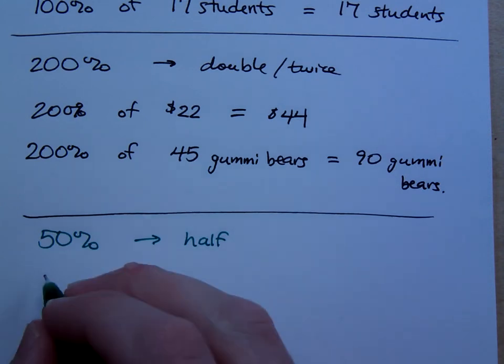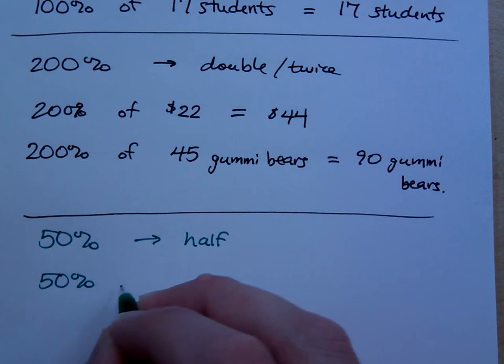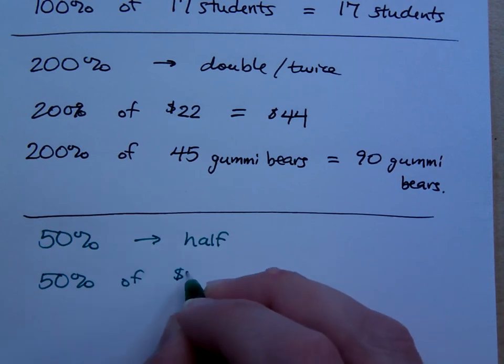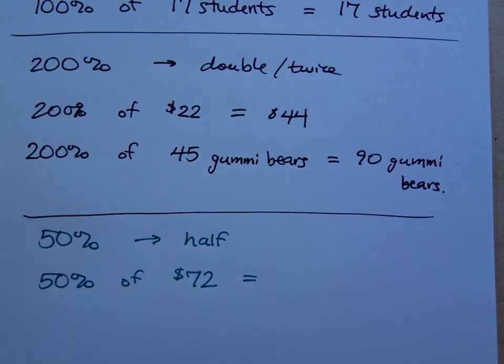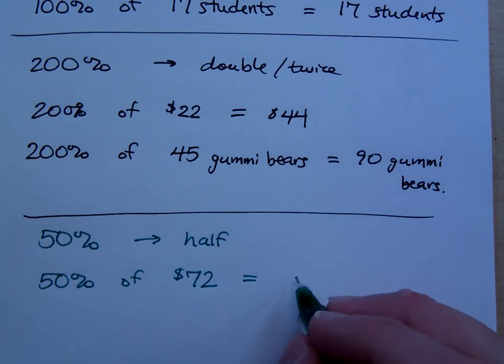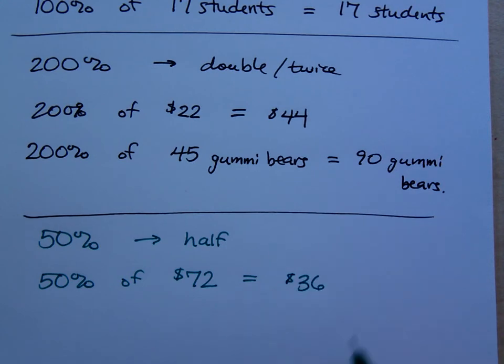Can't stand that. So if I say, what's 50% of $72? Hey, I'm shopping. I only have to pay 50% of something. What is it? It's half. What's half of this? 36. That's $36, right?